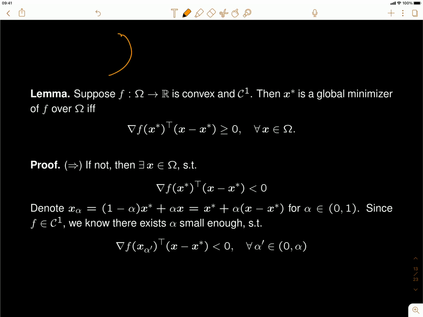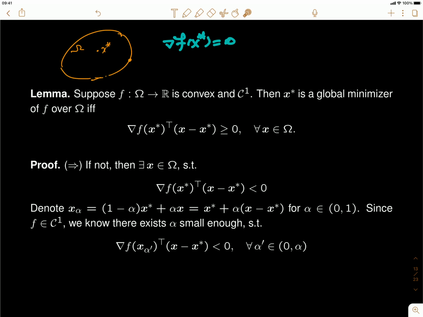Say I have this as my set, say this is my omega. Okay, and it's a convex set since I have a convex function defined over there. Well, if x star is an interior point, for example, if x star is here, then we know that x star is a local minimizer, and also a global minimizer since we have a convex function here. So it is a global minimizer if and only if the gradient of f at x star is equal to 0, right?